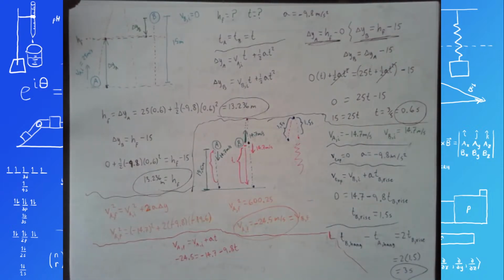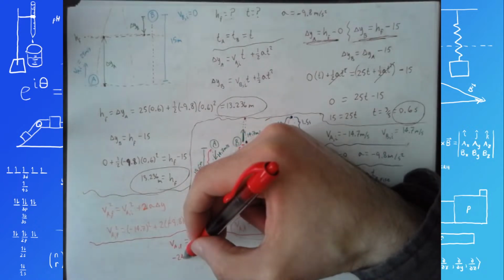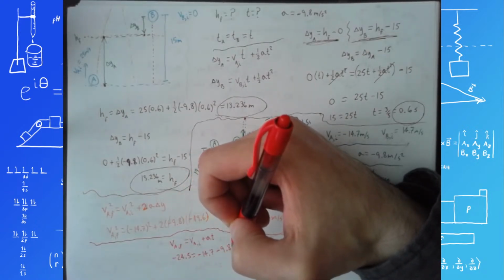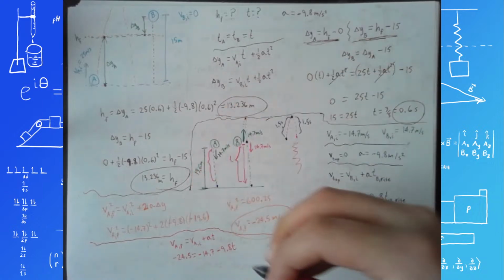Do negative 24.5, add 14.7 to both sides. That leaves me with negative 9.8 equals negative 9.8t. And that means t is equal to 1.